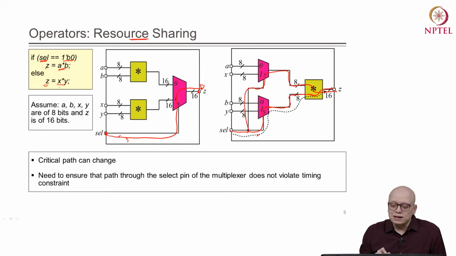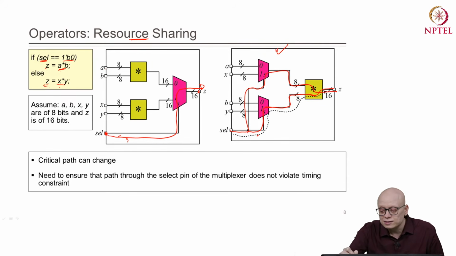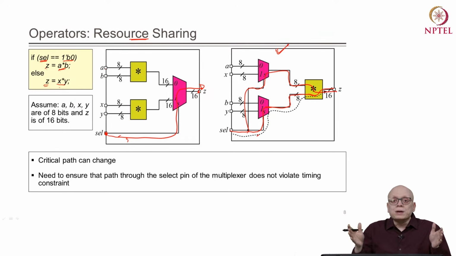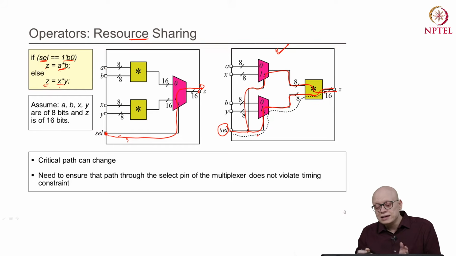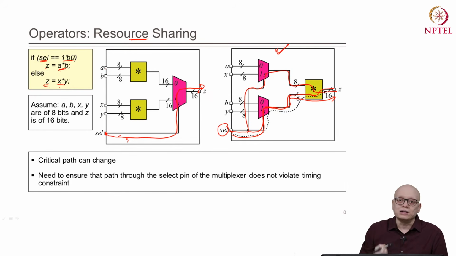So, if this circuit was a part of a bigger circuit, where the arrival time at the select line was high, meaning that this signal was already delayed, and we are adding a multiplier further in its path, then what can happen is that the path from the select through the S line of the multiplexer, and then finally ending on the Z pin through the multiplier, can become critical.